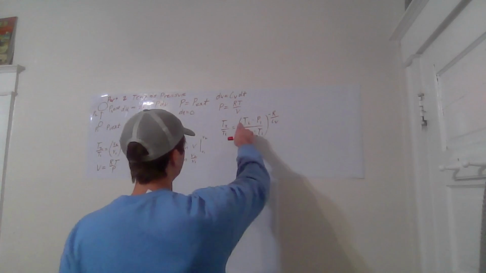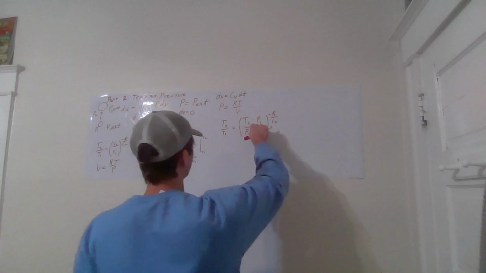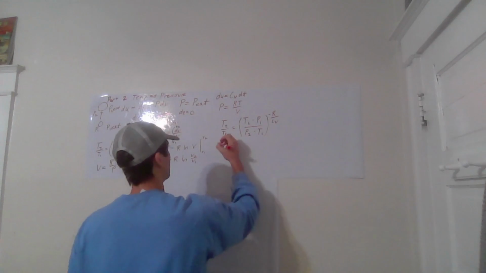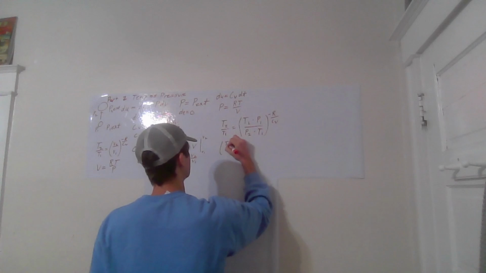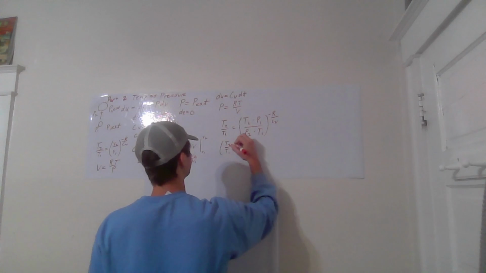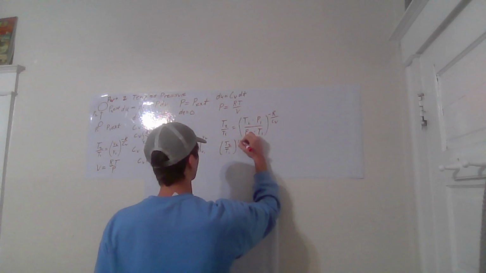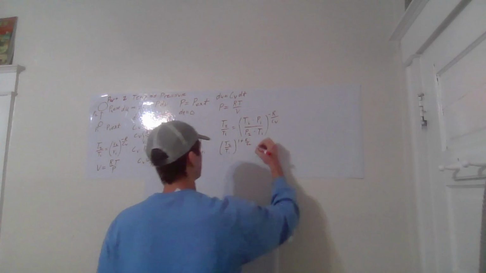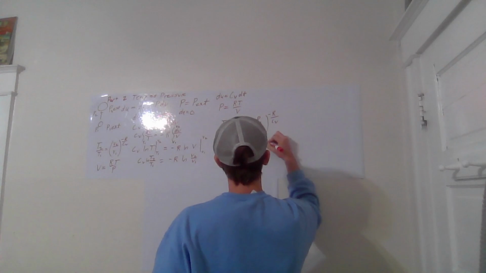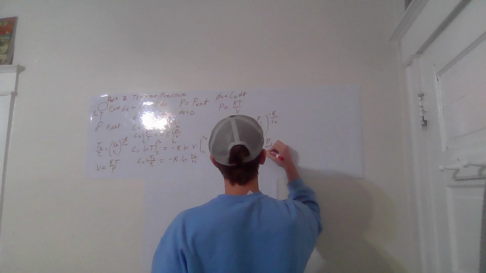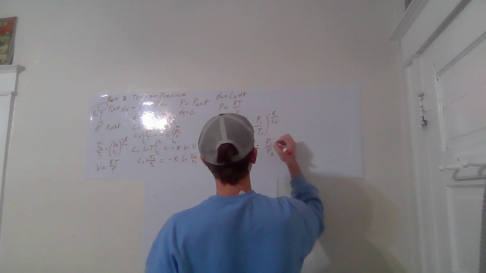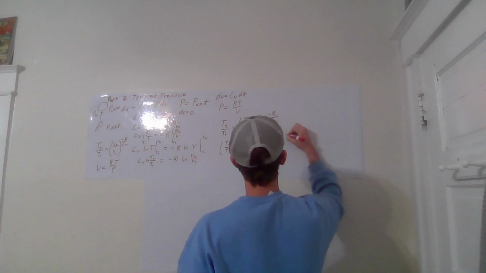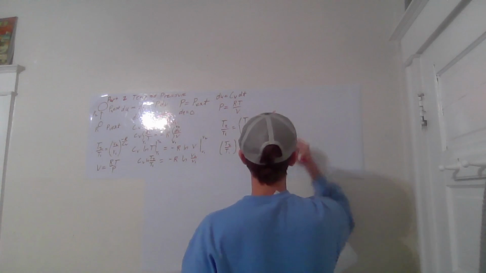But we have T2 over T1 over here, and we also have T2 over T1 over here. So we can move it over to this side and say T2 over T1 to the 1 plus R over CV is equal to P1 over P2 to the same negative R over CV.